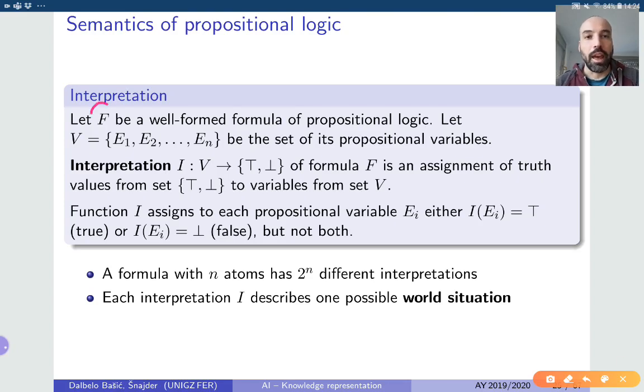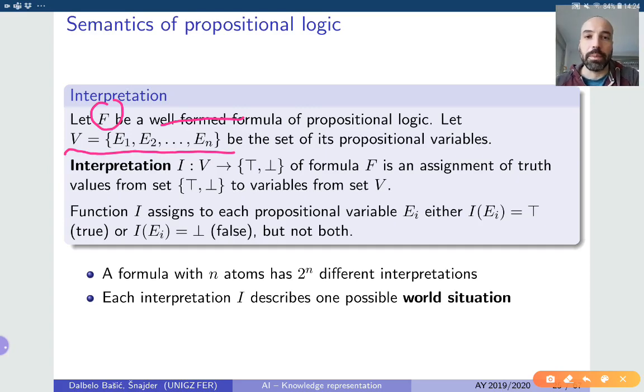So let F be a formula which is well formed. Now this is important, right? Because you have to have syntax right before you go on talking about semantics. So the formula F has to be syntactically valid or well formed. And then let V be the set of propositional variables or atoms that are occurring in the formula, E1, E2 through En.